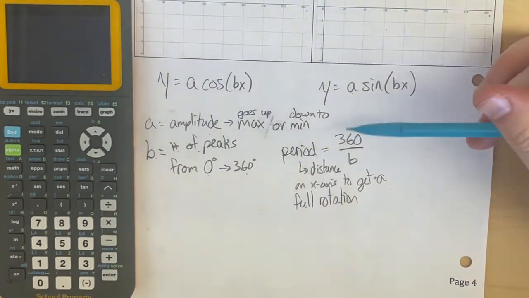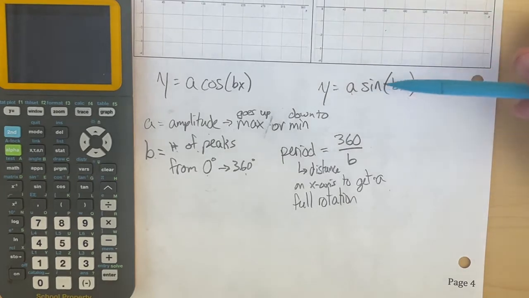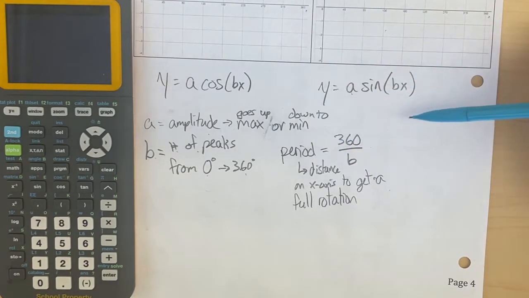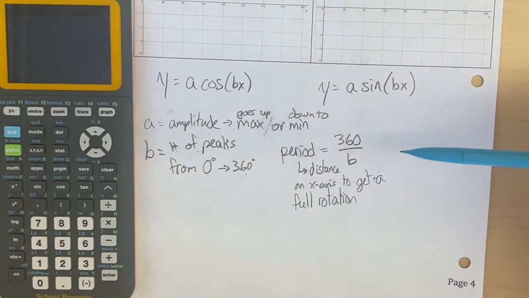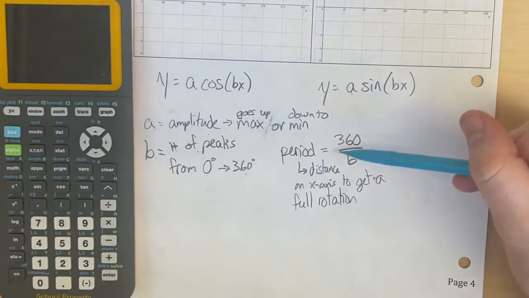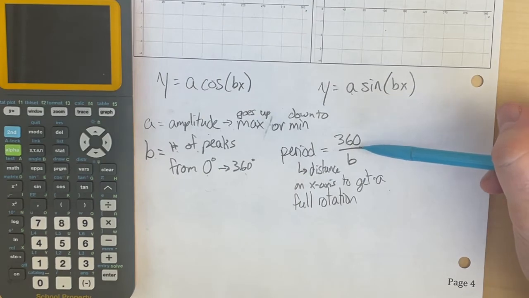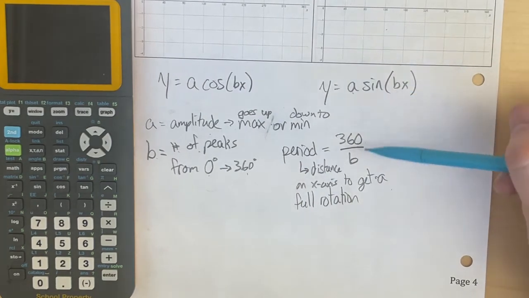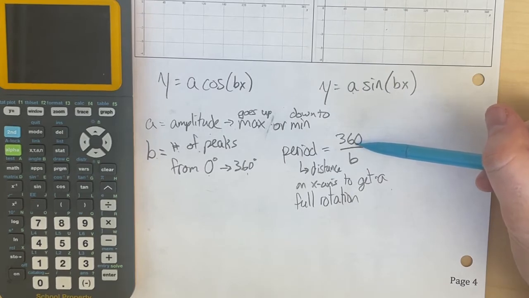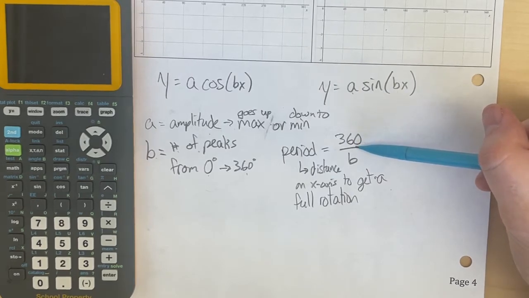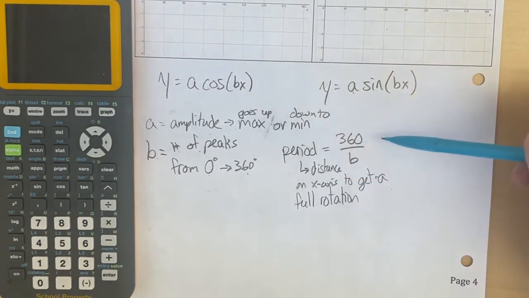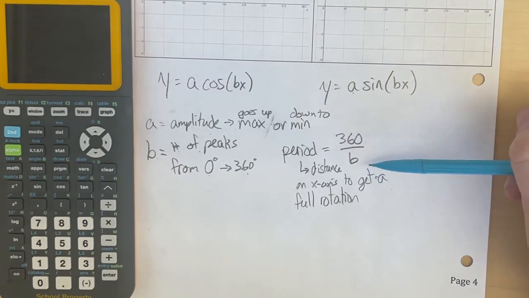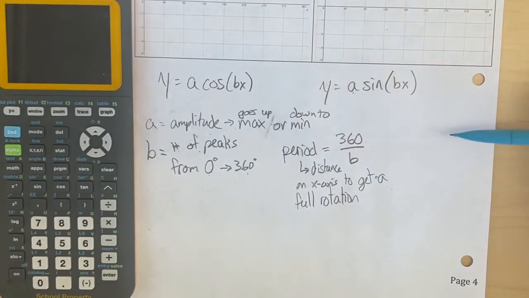Normally, if both of these values are 1, the period is 360. That means the sine function goes up to 1, down to -1, and back to 0 across 360 degrees. If the value of b is 2, our period is 180, and it would make a full rotation on 180 degrees.